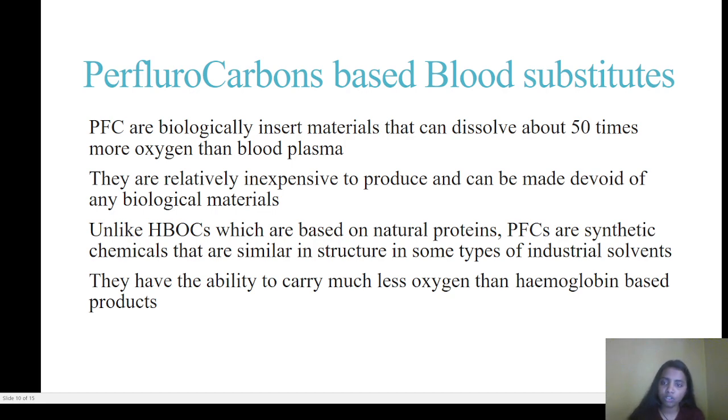Unlike HBOCs, which are based on the natural proteins, PFCs are synthetic chemicals that are similar in structure to some types of the industrial solvents. They have the ability to carry much less oxygen than the hemoglobin based products.